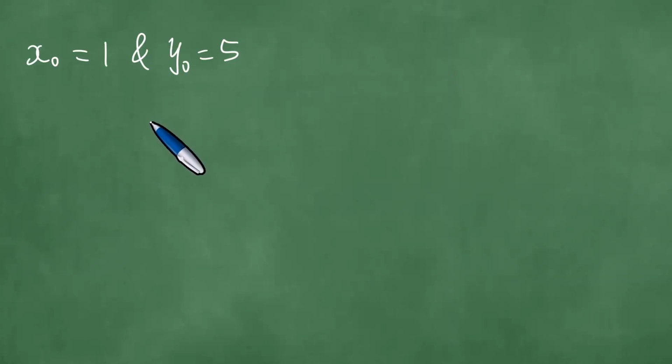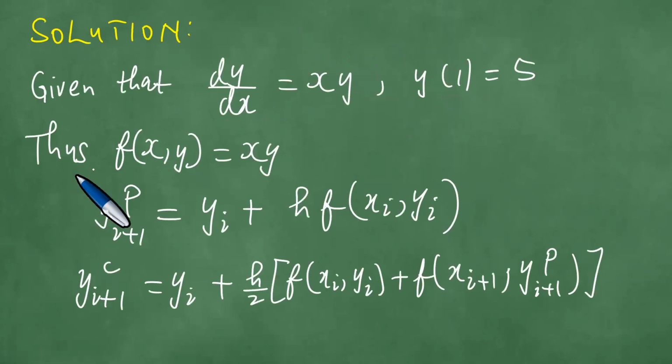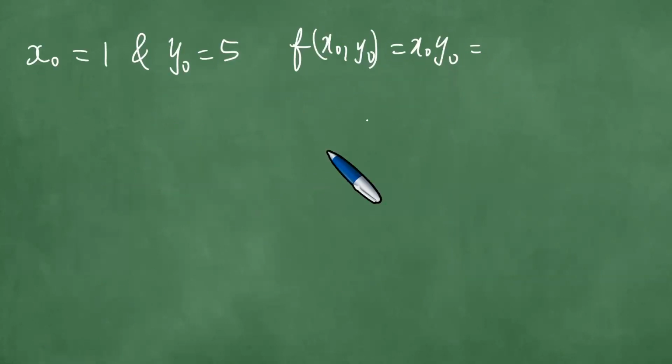And then we need to also do f(x0, y0). According to that formula, f(x, y) is xy, so you just multiply them.